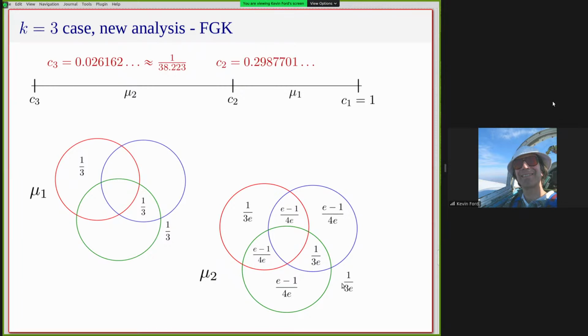And then the same thing here, we have these 4 are e minus 1/4e, right? Now, where does this come from? It comes from a particular optimization procedure. So this measure here is provably the best choice. Mu1 is provably the best, and these 3 constants are provably the best. That's the point here.